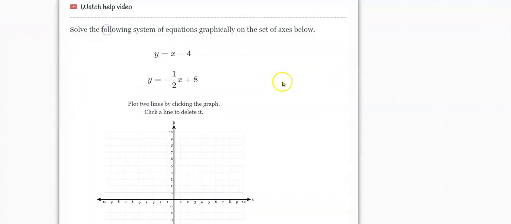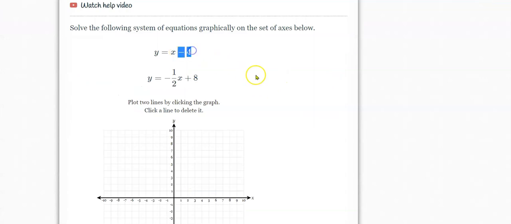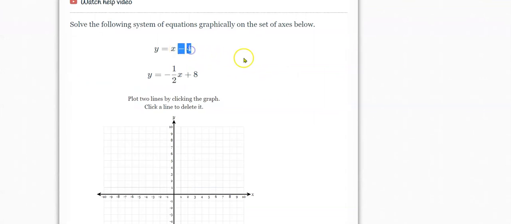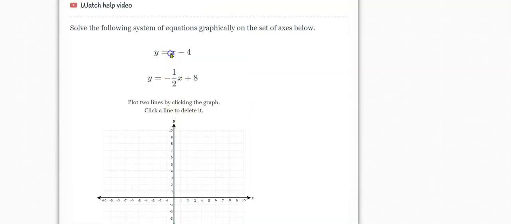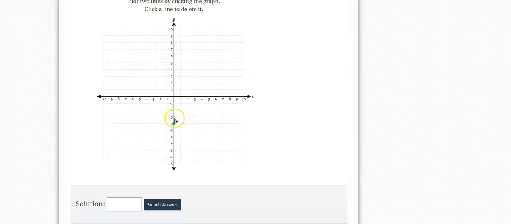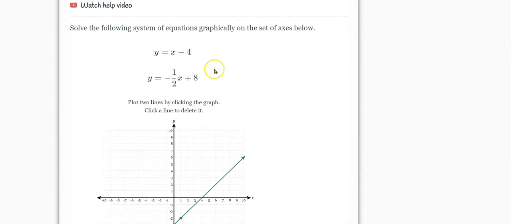Again, in order to graph, you start from the y-intercept, which for us would be -4, and then from there you travel using the slope value. If there is no coefficient of x, it's +1 over +1, up 1 over 1. The second equation has a y-intercept of 8 and a slope of -1/2.